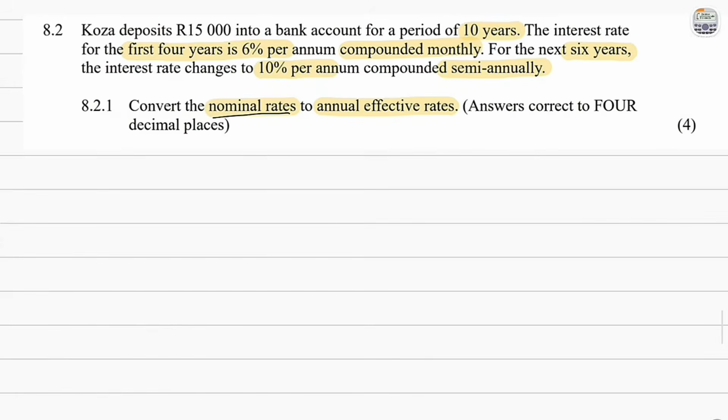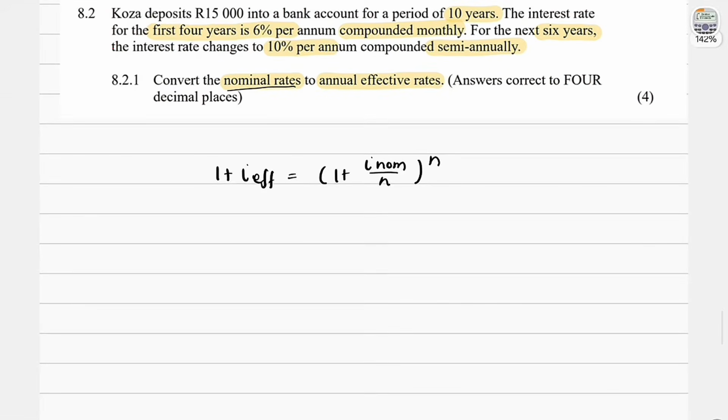And the formula to calculate the nominal or effective interest rate looks like this. It's 1 plus i effective is equal to 1 plus i nominal over n, raised to the power of n. So this is the nominal, that's the effective. This is usually to the power of 1, but it's not necessary, it's just because it is compounded annually.